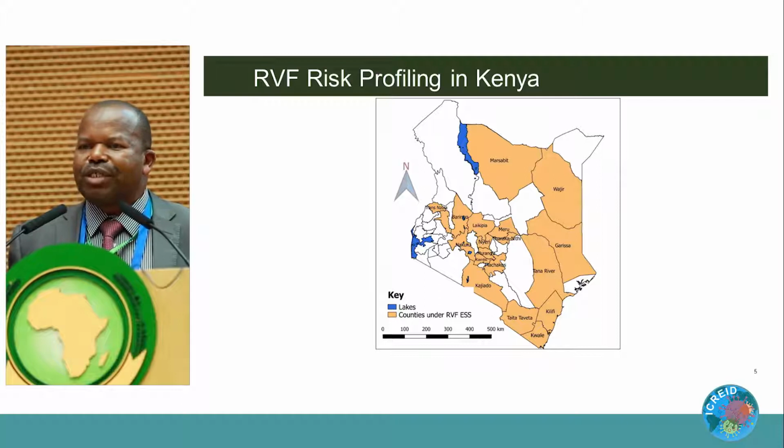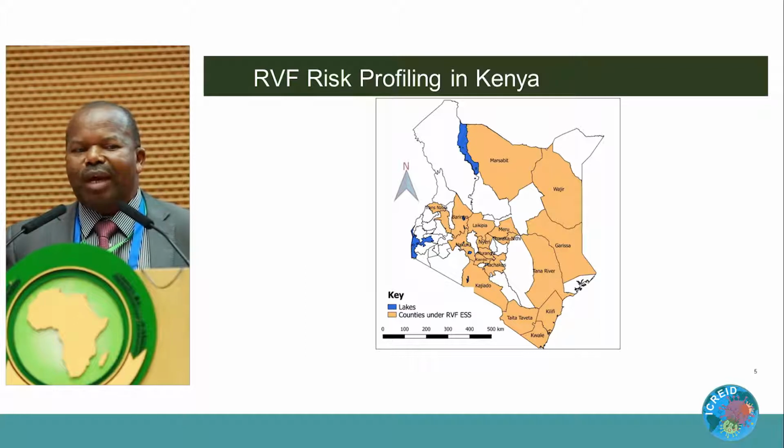This map only shows the risk profile for Rift Valley fever in Kenya, and I can tell you the latest infection, as I speak, is ongoing in one of the counties that is right now not indicated as high-risk. But that's the point: we need to be very alert, be on top of things, study our data, and go down to the community to address things as events emerge.